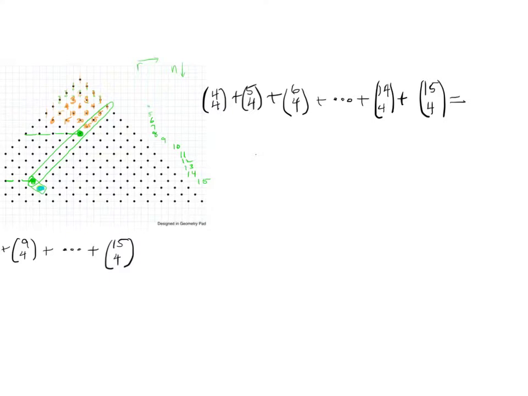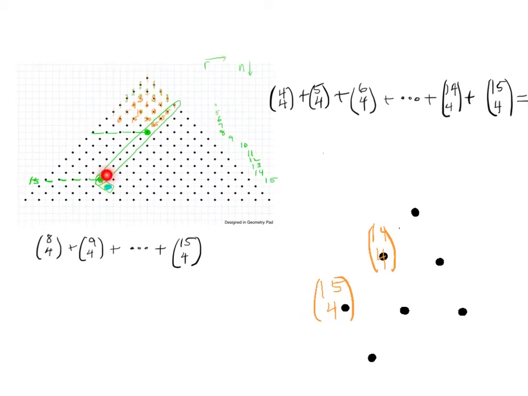So let's blow it up. If this number right here, and hold on, let me write it in, is 14 choose 4, and this is 15 choose 4, what we're doing is looking at these last few.